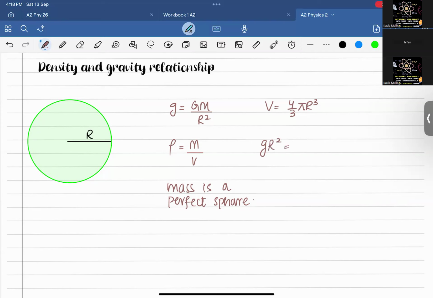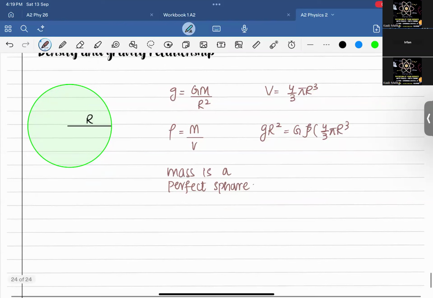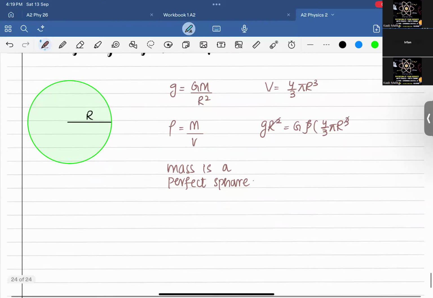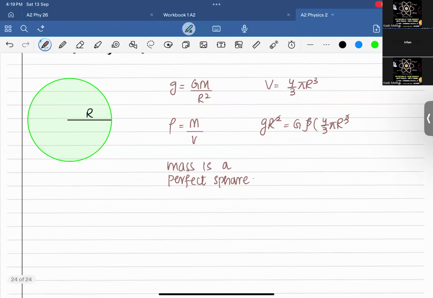In G you can replace M with density times the volume, which is 4 over 3 pi r cubed, right? Now this r cubed and r squared get cancelled out. Okay, 3. Let me just make rho the subject.